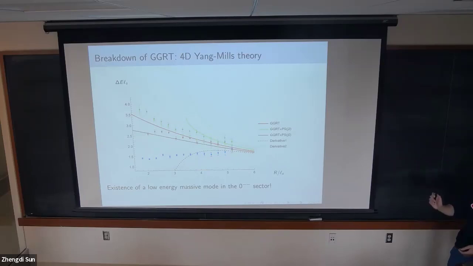And here I also show you the derivative expansion given by this dashed line, and we see that the prediction is very bad and breaks down for relatively long strings, so it's not effective at all. So the point of showing this figure is that for 4D Yang-Mills theory, we actually see an obvious outlier of this string spectrum, which predicts the existence of a low energy massive mode in this 0 minus quantum number.